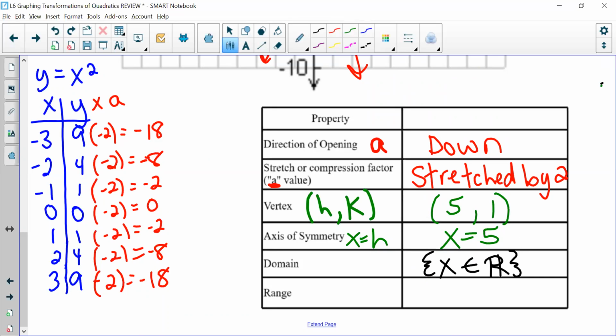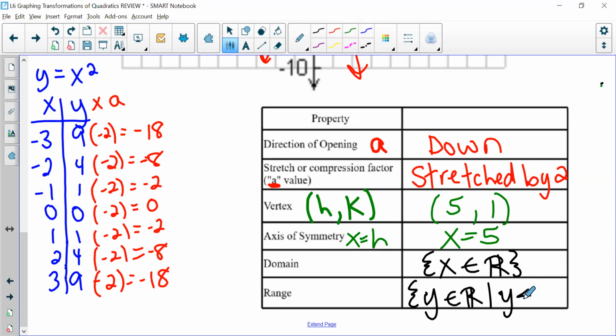It's open bracket y is an element of the real numbers, line, and then I don't remember which way the inequality goes. Let me check. It's like the open part is facing.